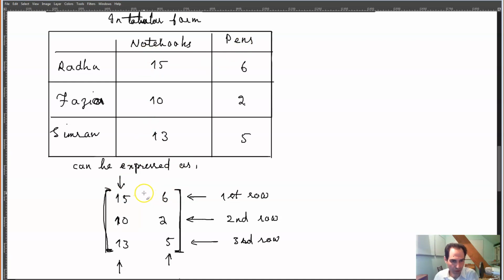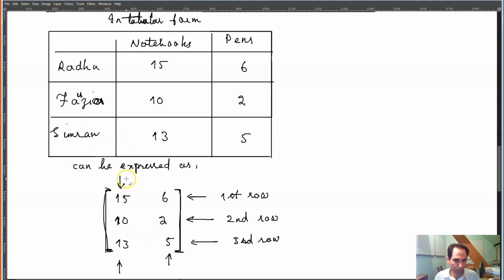The second row contains all of the notebooks and pens possessed by Fazia. I think Fazia is supposed to be written this way. And the third row basically contains all the notebooks and pens possessed by Simran.